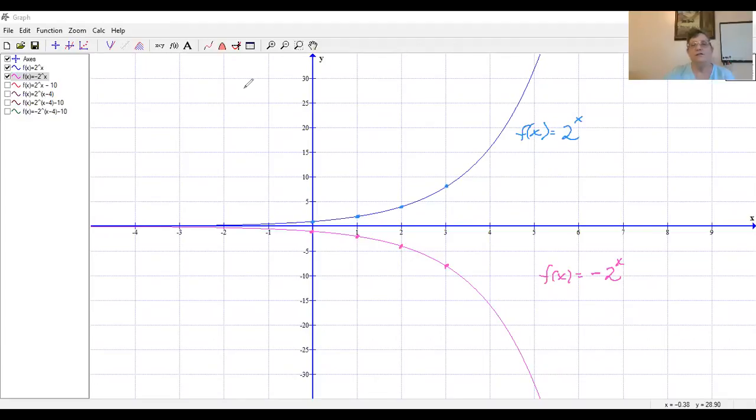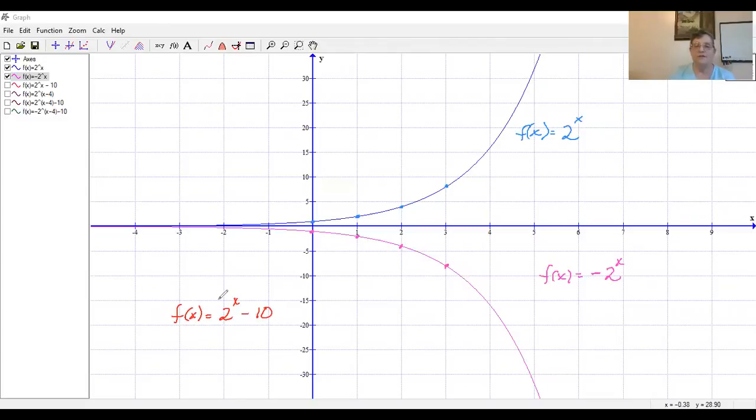What if we took the graph of f of x equals 2 to the x minus 10? So 2 raised to the x, minus 10. What's the minus 10 going to do?